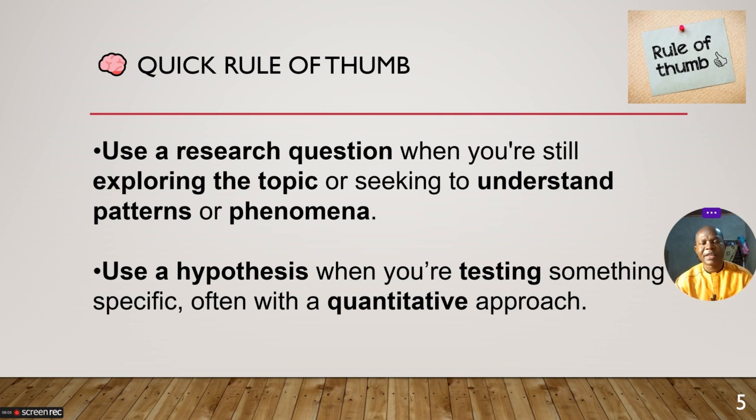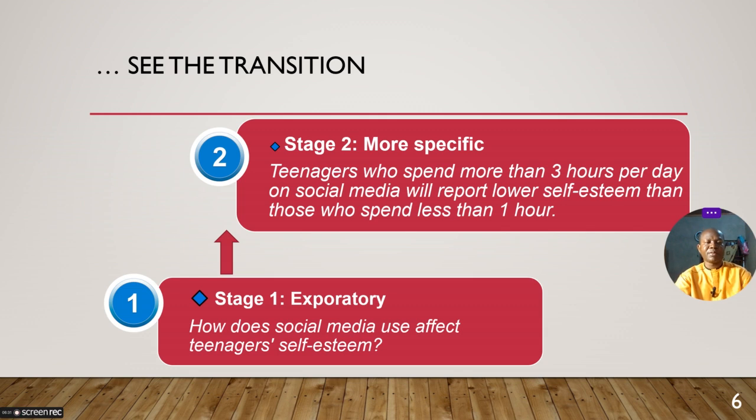But one thing is very clear: using hypothesis implies we have some measure of understanding about the research. While research question is common when we are just at the preliminary stage trying to explore our topic. So depending on the level and the nature of your research, you will be using research question or research hypothesis, as the case may be.